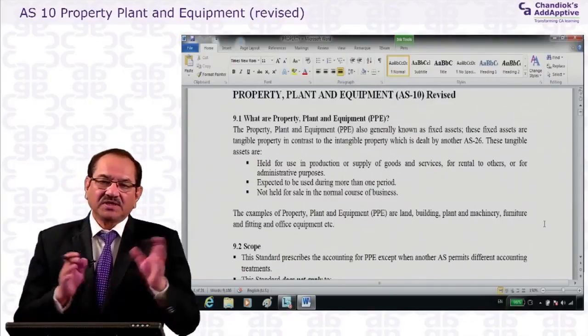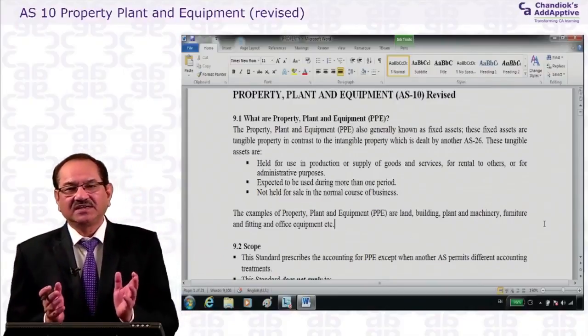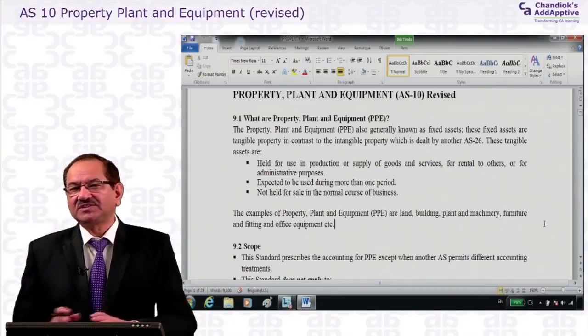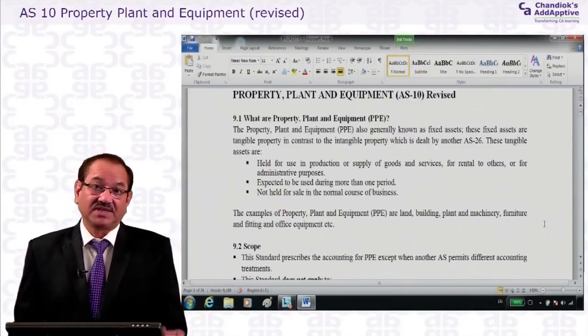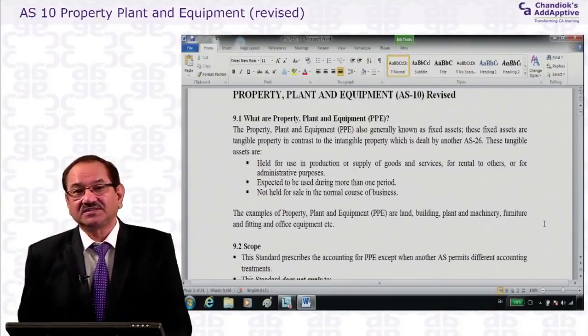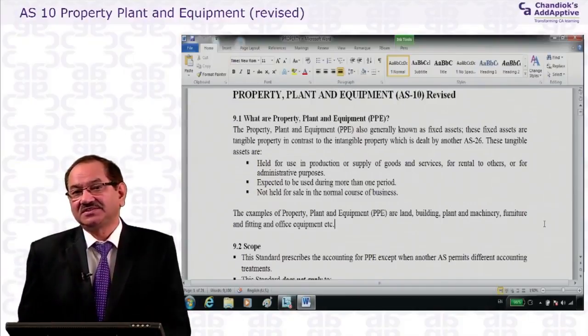So what I want to tell you, in broad categories, is that in this chapter we are going to discuss the fixed assets, which are the tangible assets. The intangible assets are dealt with by Accounting Standard 26, and we will also be discussing depreciation in these chapters.